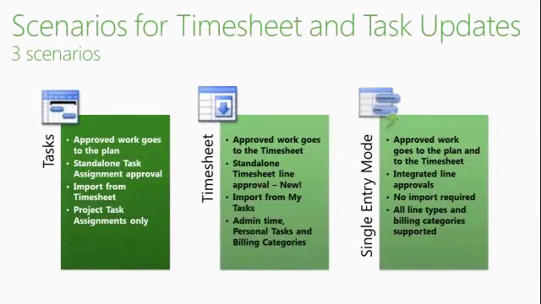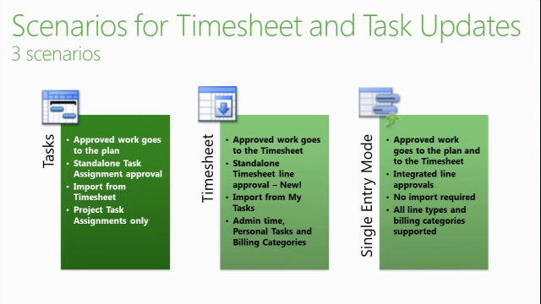All right, so a very quick review of the scenarios for the timesheet and task updates. This is what the product offers. You have three scenarios. The main three scenarios are, you have the task view, so you enter the progress, basically report on your assignments as an end user.